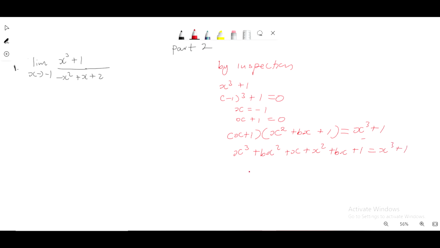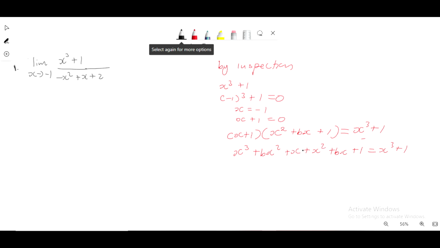Okay, so now here I'm going to choose the values that have the same exponent, right? If I'm going to choose the ones that have x squared, that have exponent 2, I must be consistent and pick the ones that have exponent 2.